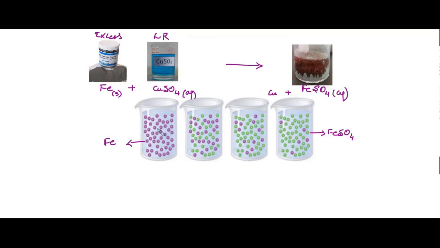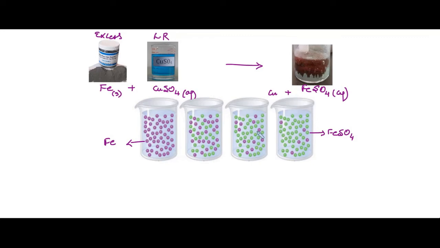For that, if you observe this diagram, you can understand that initially there are no ferrous sulfate particles. There's not even a single ferrous sulfate particle at the start of the reaction. There is only iron present, meaning zero iron sulfate molecules at the start. But as time proceeds, initially there are a lot of reactant molecules, so the collision between iron and copper sulfate would be happening tremendously fast.